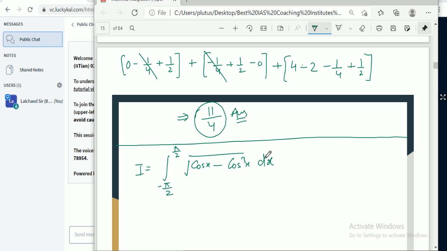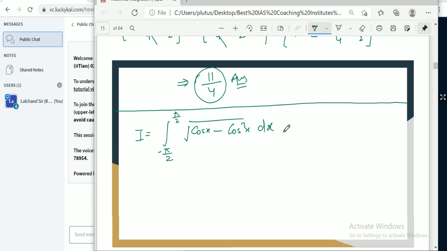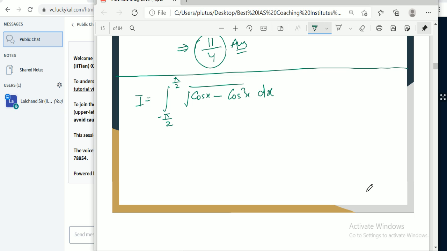How do we simplify this? Okay, so if we take cos x as common from this, I'm just simplifying this concept. So taking cos x as common, then I have 1 minus cos square x.